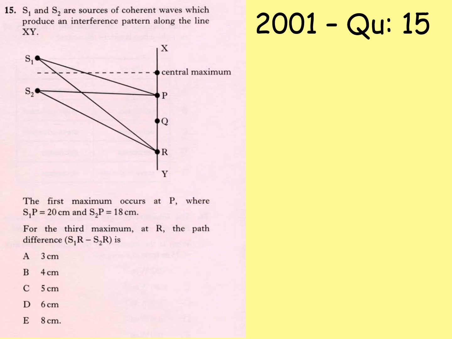For the third maximum at R, you need to find the path difference. Well, if P is the first maximum, m is equal to 1. So the path difference, being equal to m lambda, is going to be just equal to lambda. The path difference is going to be 20 take away 18, which is equal to 2 centimeters.